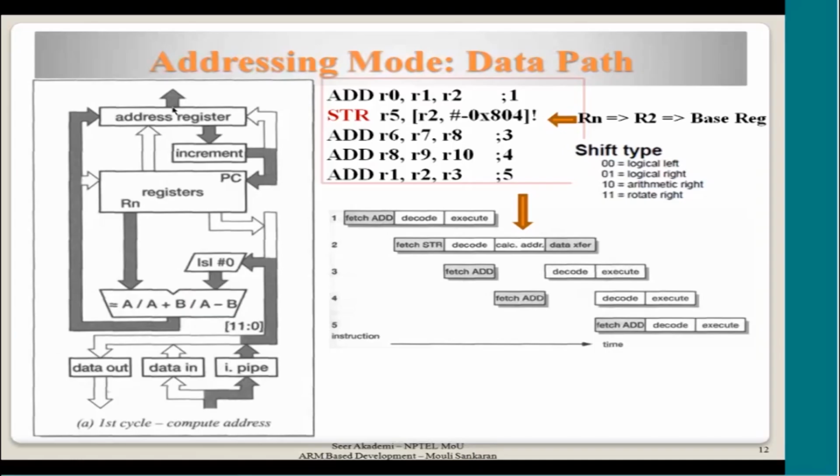So because of this, when any memory access is done, this address register and the address bus, which is tied to a 32-bit address bus, is used by the data access. That means it cannot perform a prefetch during this time. That is why you see that during the calculation fetch is happening, but not during the access.